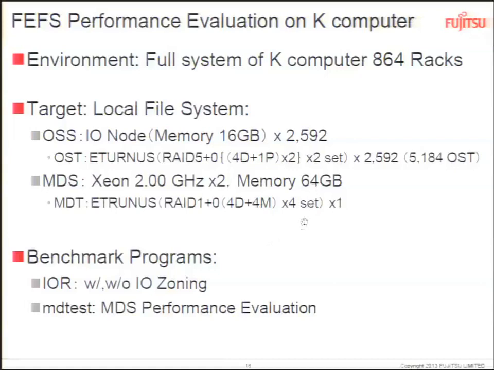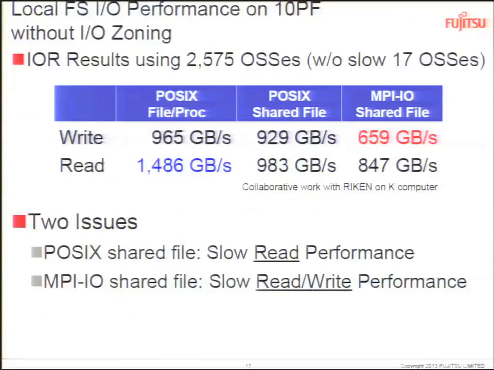We use a benchmark program, IOR, the MT test. In the IOR benchmarks, we measured with I/O zoning and without I/O zoning. And here is the local file system performance on 10 petaflops without I/O zoning.